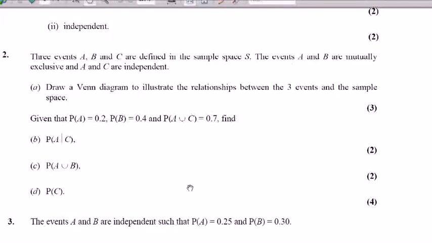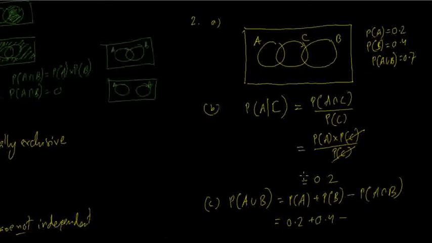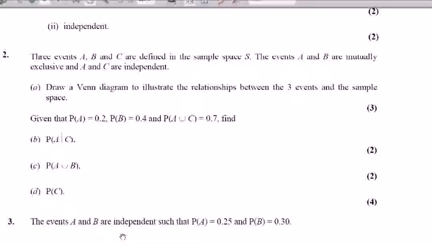A and B are mutually exclusive. That means the probability of A and B is 0. A intersection B is going to be 0. Remember, that's the rule for mutually exclusive probability. So whenever they give you the information, you just plug it in. So the probability of A union B is going to be 0.6.